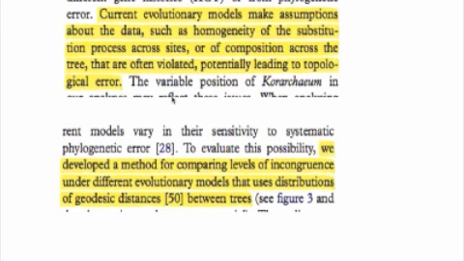to calculate congruence among trees. And what they do is they basically, there are many methods for doing this, but let's say you have a tree that relates these four species, and you have another tree that relates those same species, but it's different.